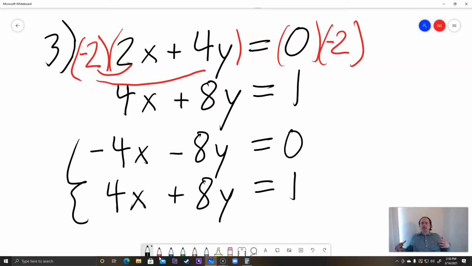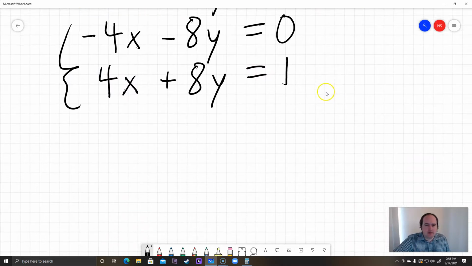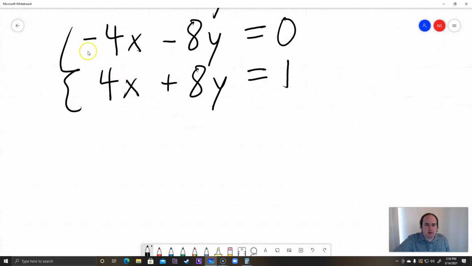Alright, now that first step was a little bit trickier because we ended up having to multiply by a negative. But other than that, we should be good. So what do we do next? Well, now we're ready to add the equations because we can see we have negative 4x on the top and positive 4x on the bottom, so they're going to cancel out.